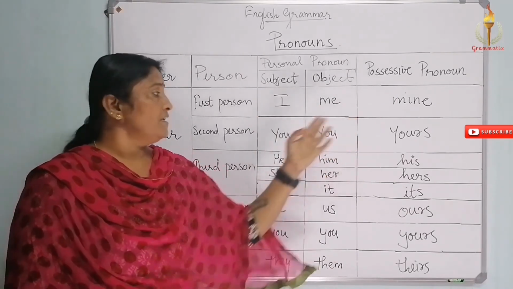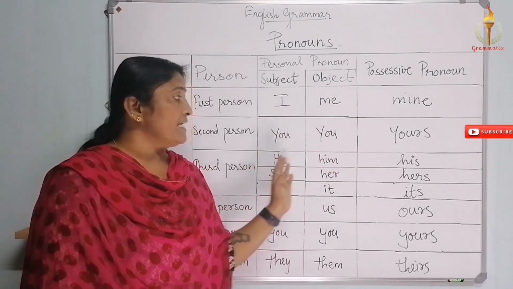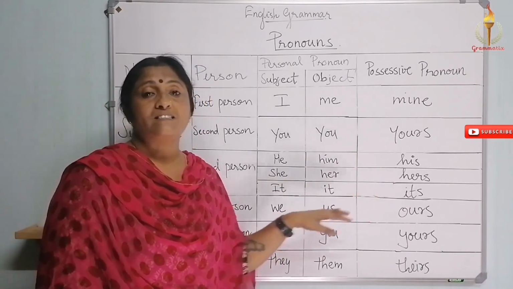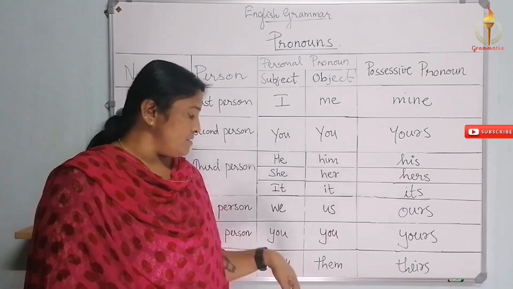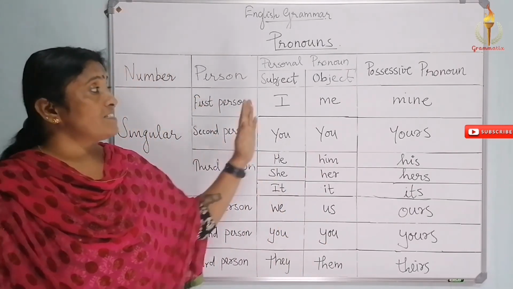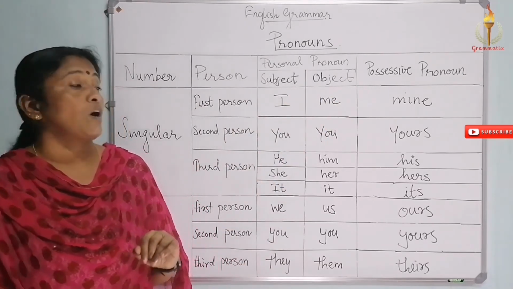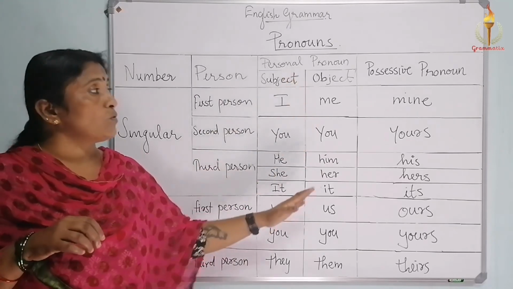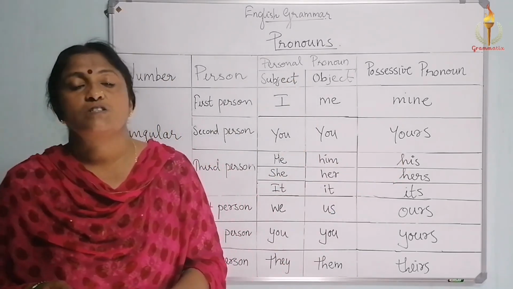For I it is mine, for you it's yours, he is his, she is hers, it is its, we is ours, you yours and they theirs. So these are the 3 sections of pronouns. The first section is about personal pronouns and the second section is the possessive pronouns.